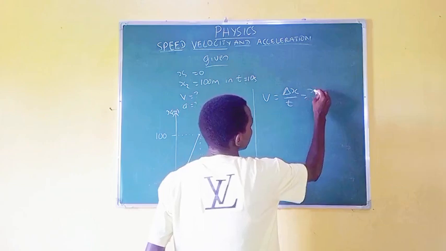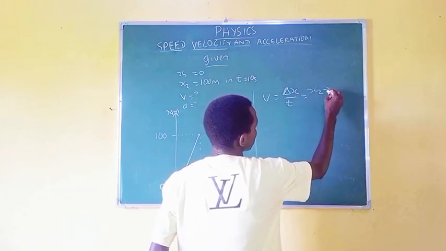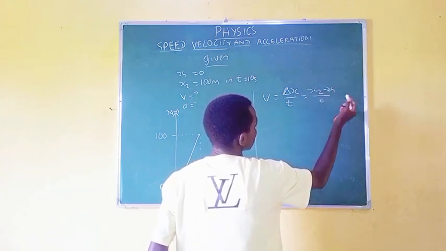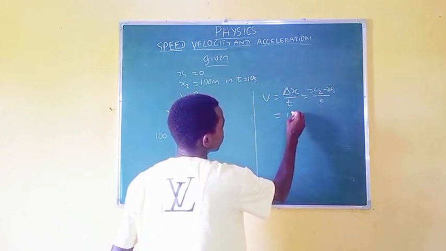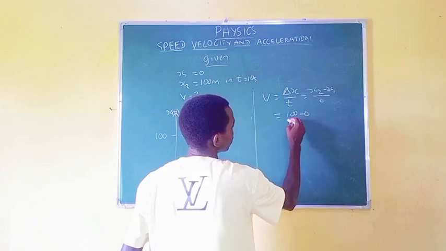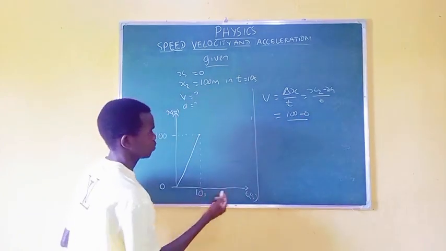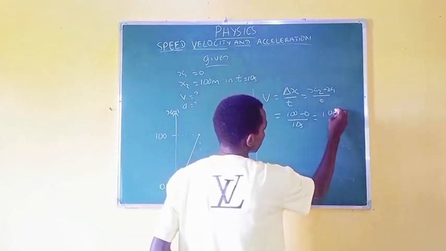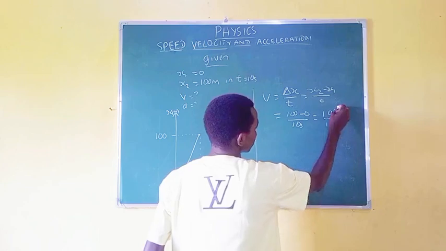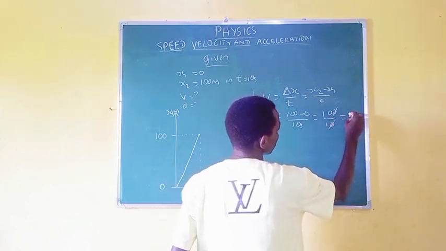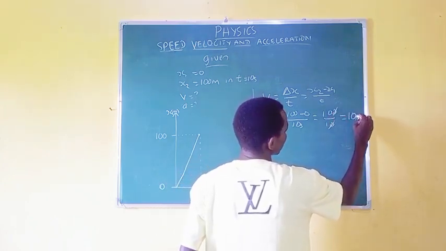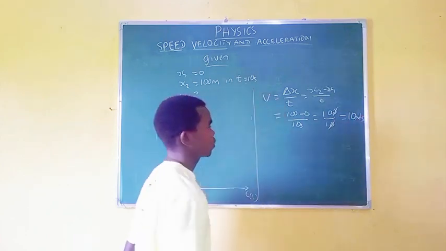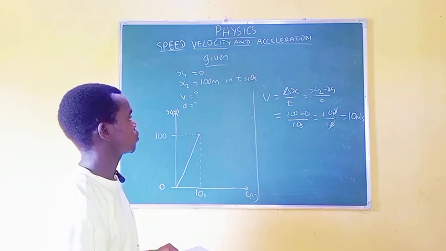We have 100 minus 0 all over the time, which is 10 seconds, which is 100 over 10. 0 cancels 0, and it becomes 10 meters per second. We have gotten our velocity.